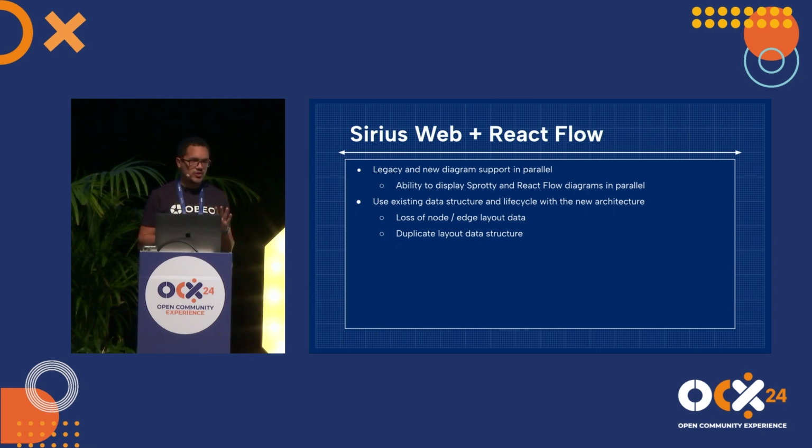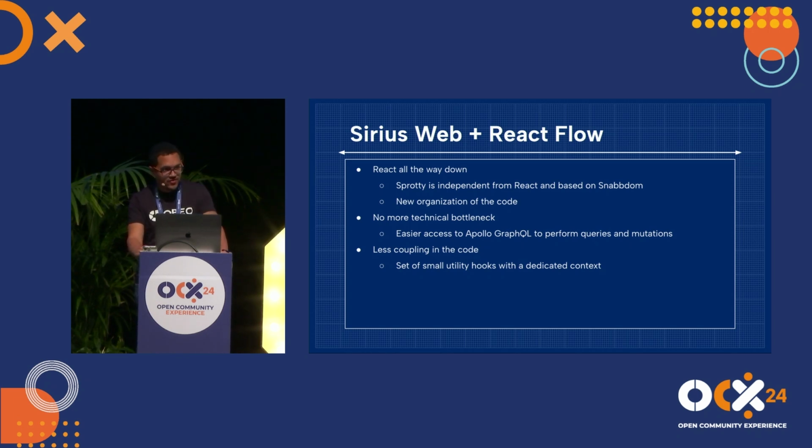So our first solution was to just leverage the layout computed by React Flow, and thus if we compared the two diagrams, the Sprotty-based one and the React Flow-based one, we would not have the same layout, but we could still compare the internal layout of the nodes and things like that. In the end, we duplicated the layout data structure to have a Sprotty-specific layout and a React Flow-specific layout because both did not behave exactly the same way.